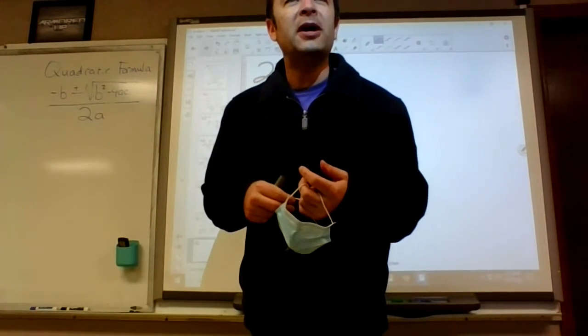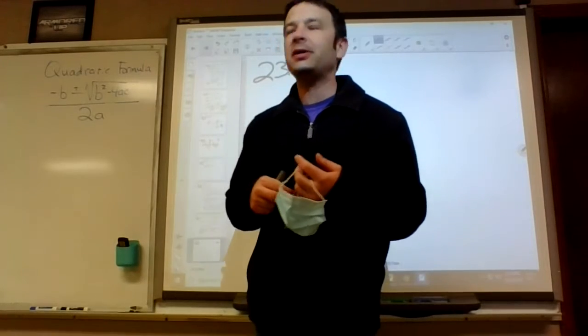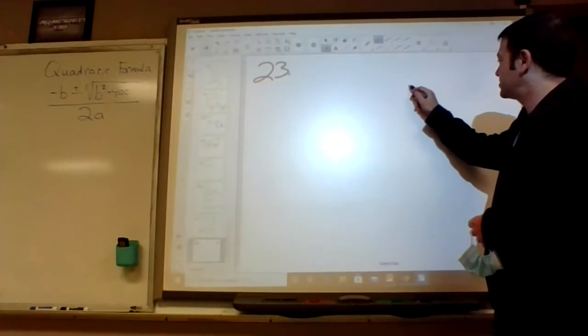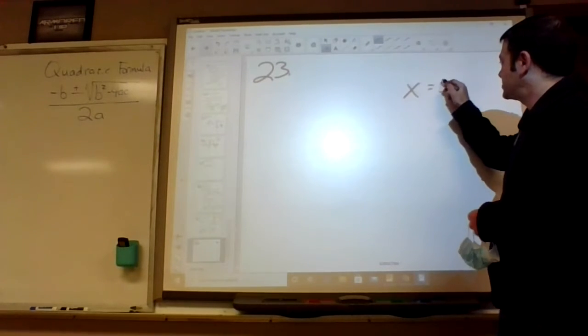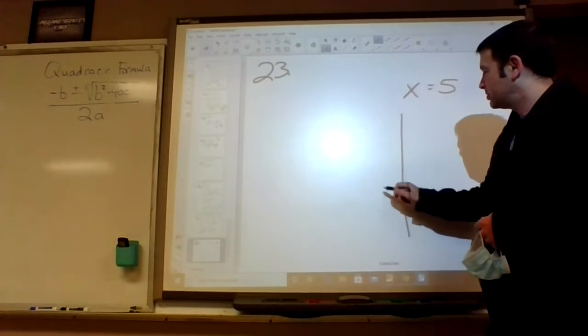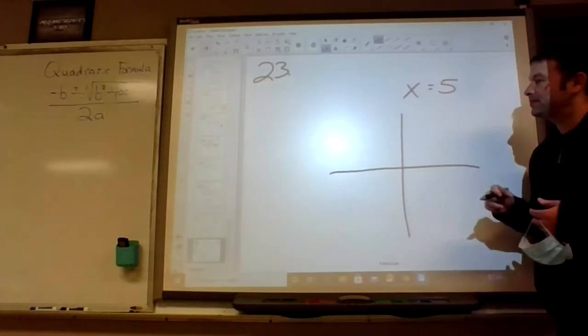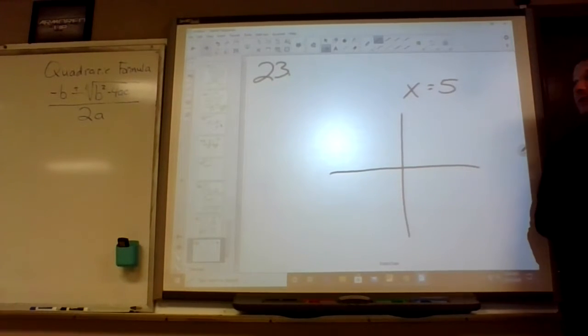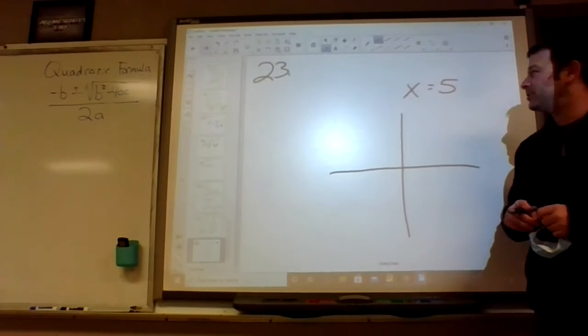Number 8 on the back row. What did number 8 say? X equals 5. Okay, x equals 5. It's just 5 up in the vertical line. On number 6, it was y equals 3. You just go up to 3 on the y-axis and draw a horizontal line. This said x, so it threw most of you out.